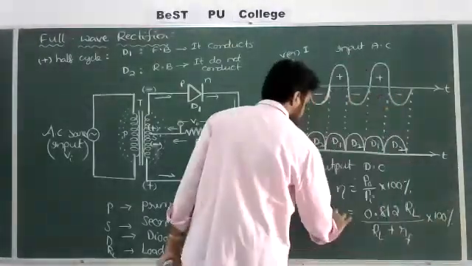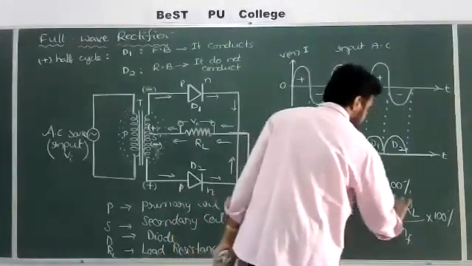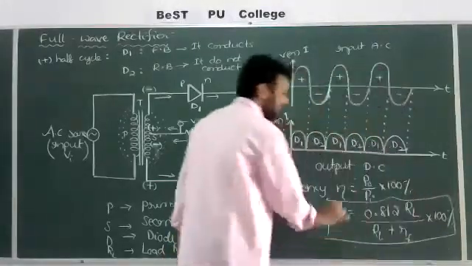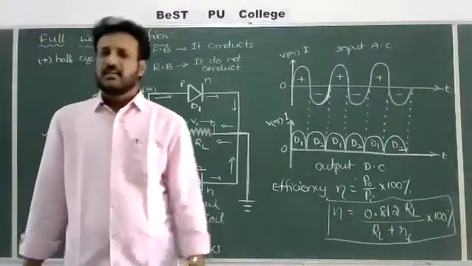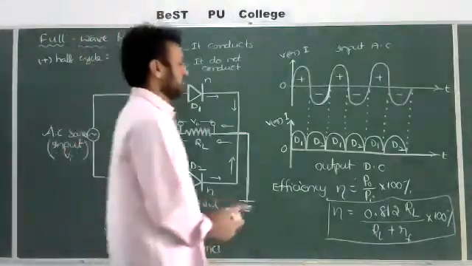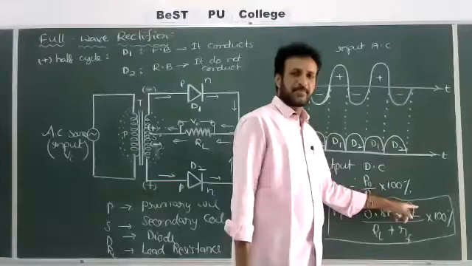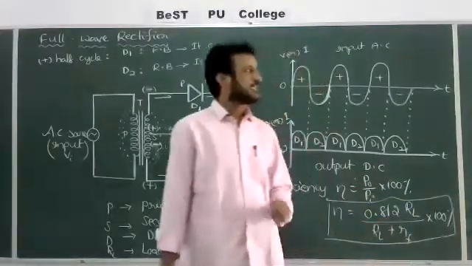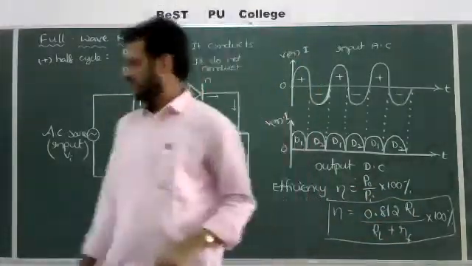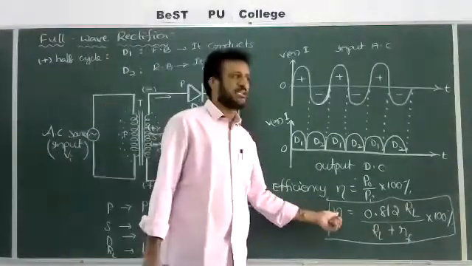It is a formula we have to use. So comparing with the previous formula, here there will be double the value. In a full wave rectifier, RL indicates load resistance, RF is equal to the resistance of the diode in forward bias, and eta is equal to efficiency.